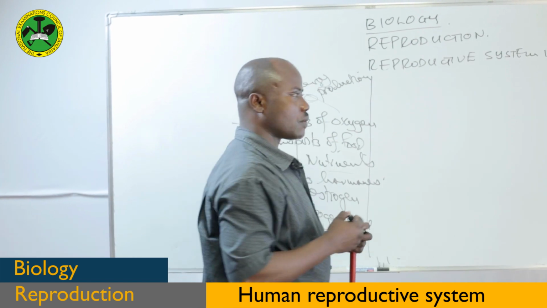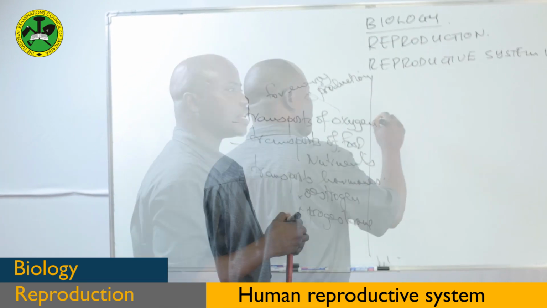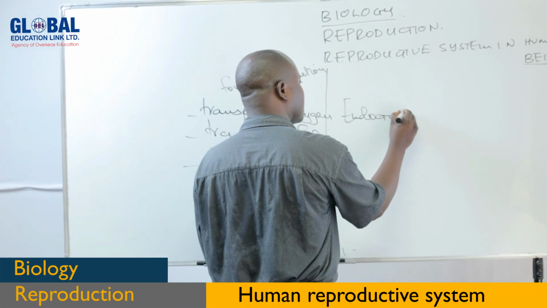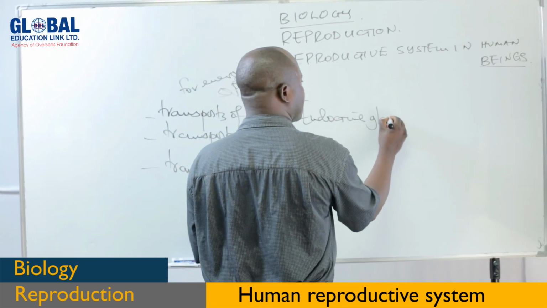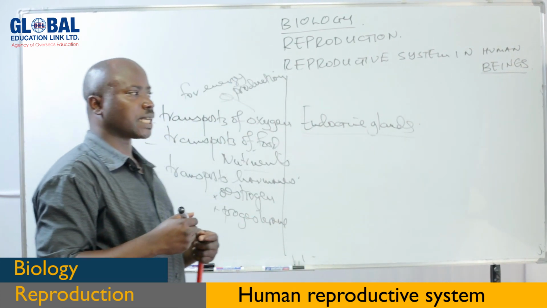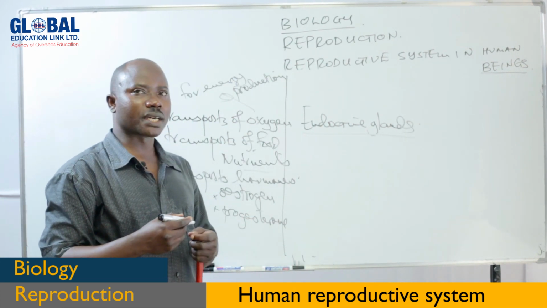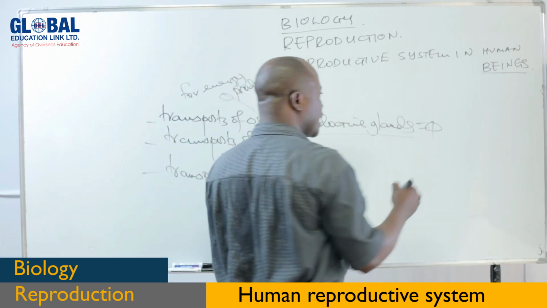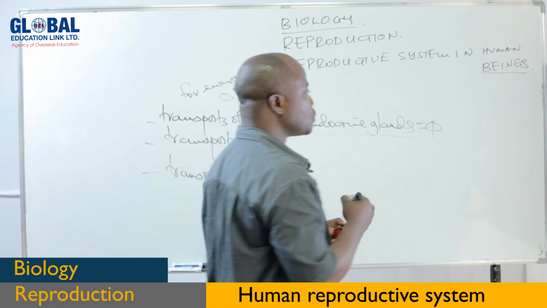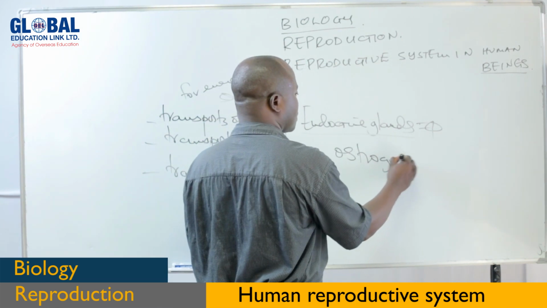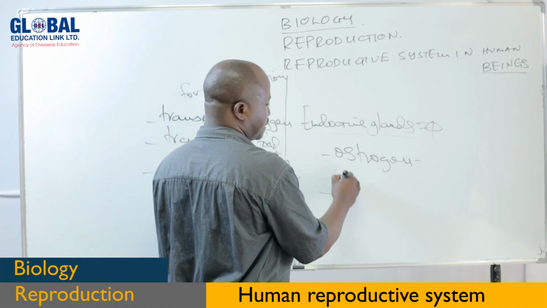But also the question wants you to explain the function of the endocrine glands. That the female reproductive system is also an endocrine gland. Here, as we said, the ovary has cells that produce 2 hormones, estrogen and the progesterone.